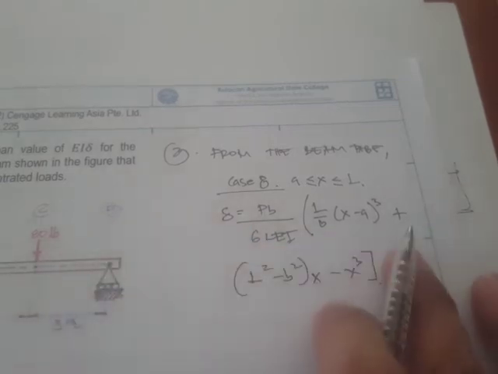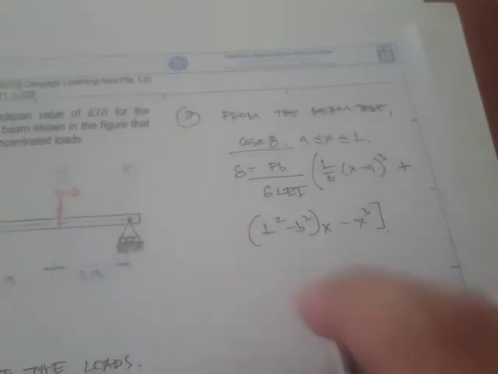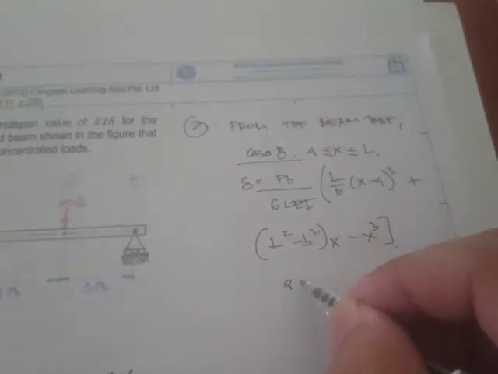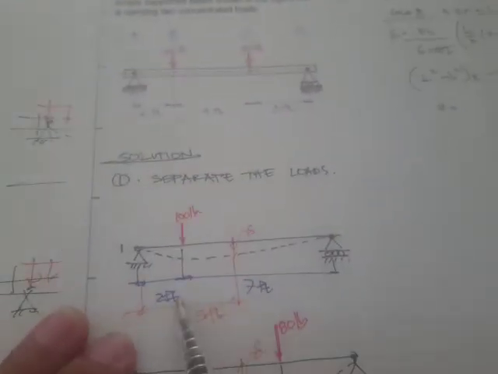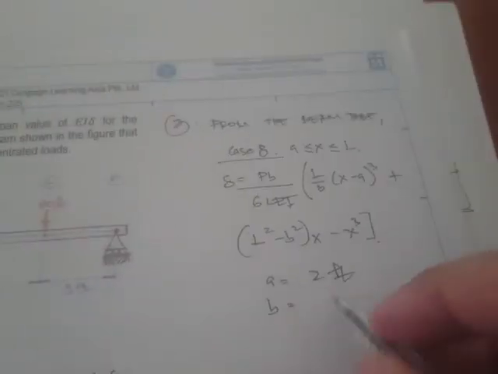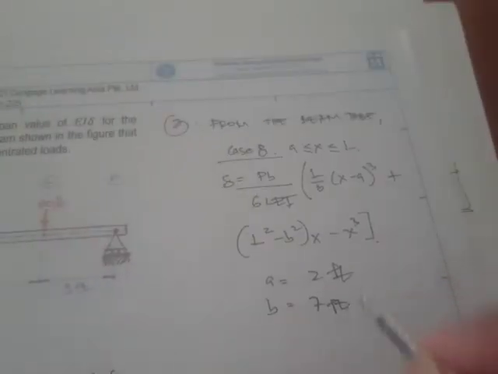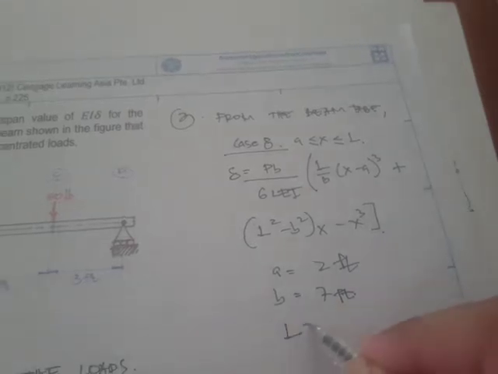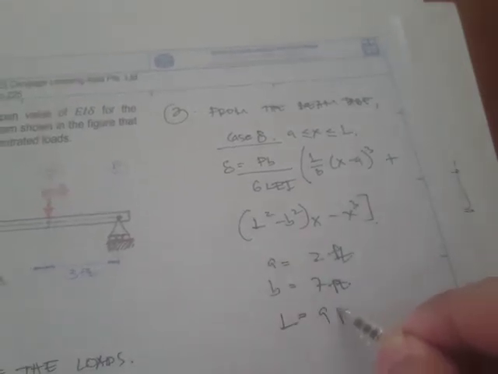Here's our expression, and if we write down our values, what is a? A is 2 feet, and B is 7 feet. What else? What is L? L is 9 feet.